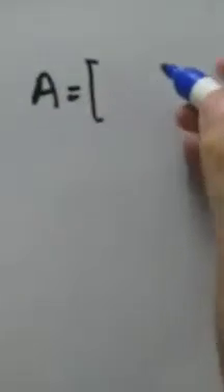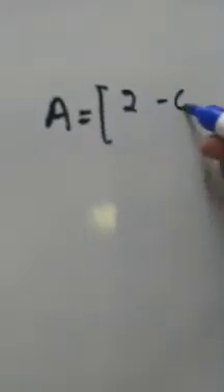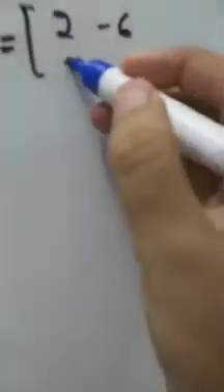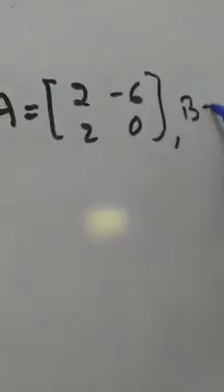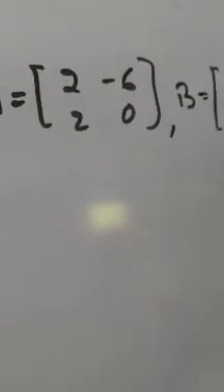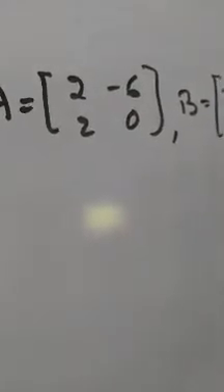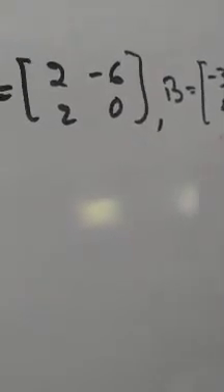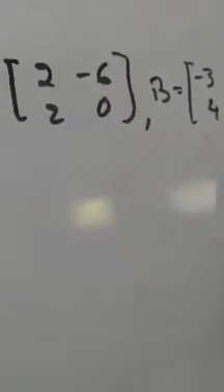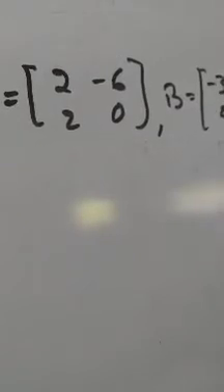Here it is given that A is equal to [2, -6; 2, 0], B is equal to [-3, 2; 4, 0], and C is equal to [4, 0; 0, 2]. You are asked to find matrix X.